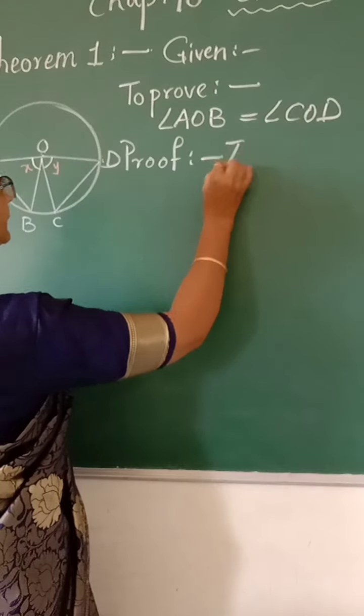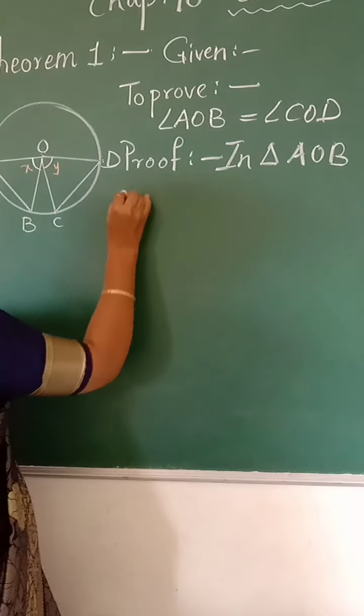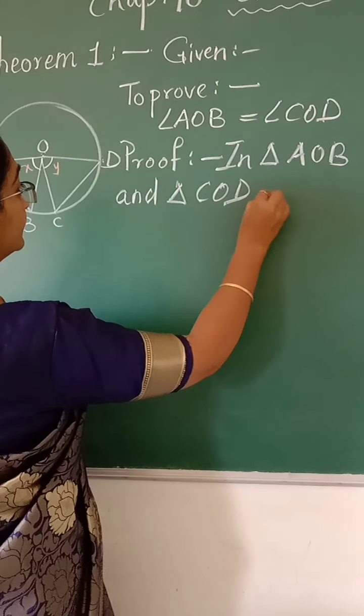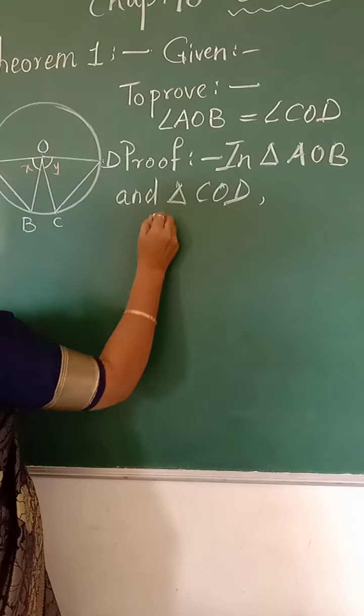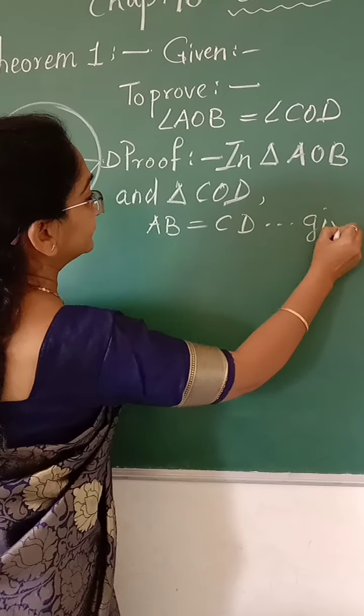So write down. In triangle AOB and triangle COD, we have AB is equal to CD, given.